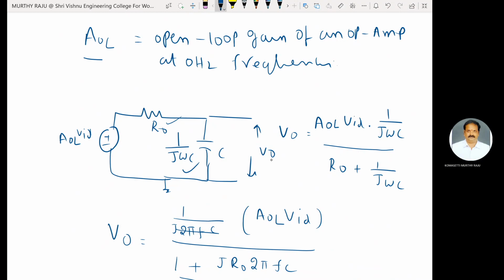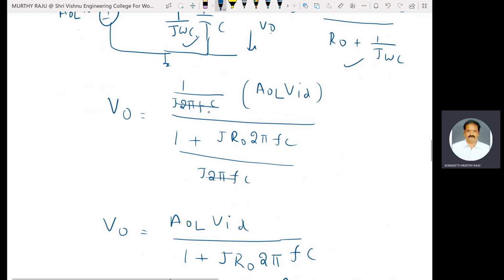Apply the voltage division rule. V0 is equal to the total voltage applied to the circuit, AOL into VID, into 1 by j omega C, divided by R0 plus 1 by j omega C. Omega is equal to 2 pi f.